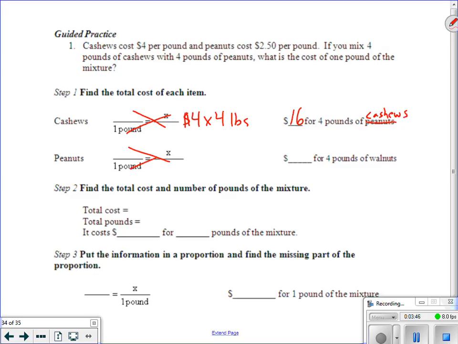Same for the peanuts: they're $2.50 per pound, so you take $2.50 times the 4 pounds, and you end up with $10 for 4 pounds of peanuts.